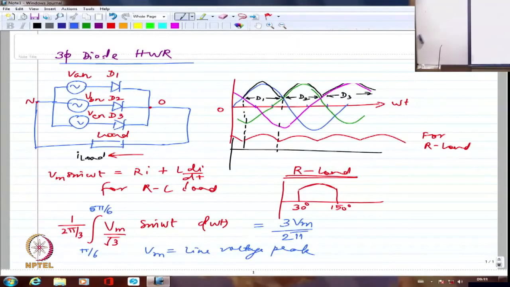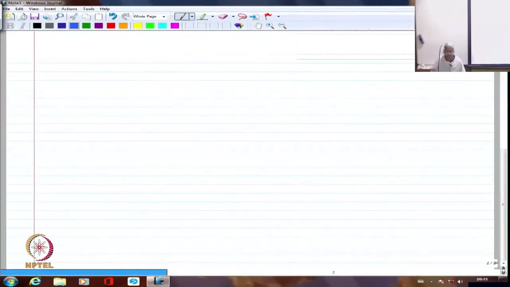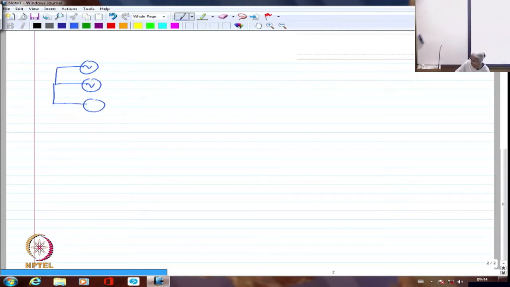So I am going to have three phase voltages somewhat like this, and I am going to have one device here, second device here, and third device here. This is the neutral point, and here is the load. So this is the load, and I am going to have this as the connection between these two.